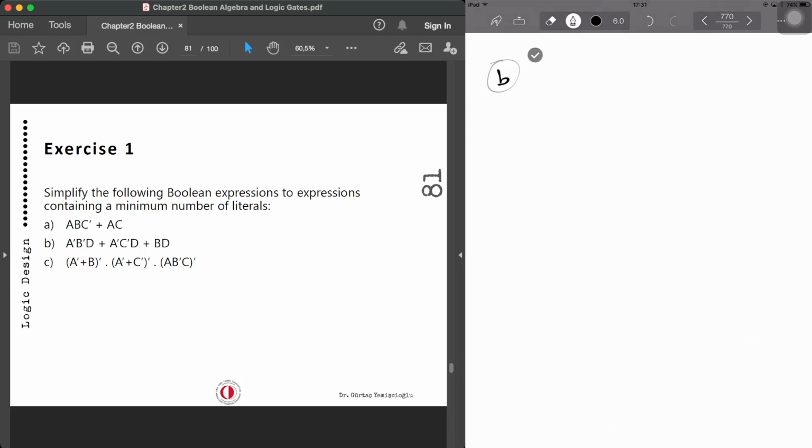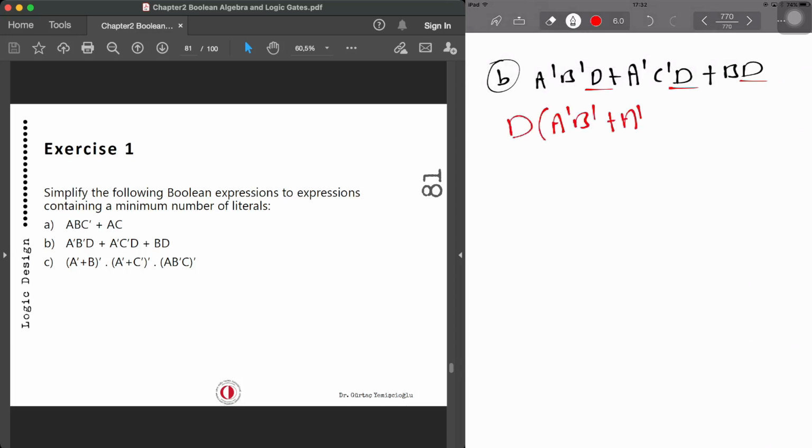Now, this is A prime, B prime, D, or A prime, C prime, D, or BD. Now, how can we implement this, or what can we do about this? As you can see, D is common. So we can take out D: A prime, B prime, or A prime, C prime, or B. Now we have got D out.